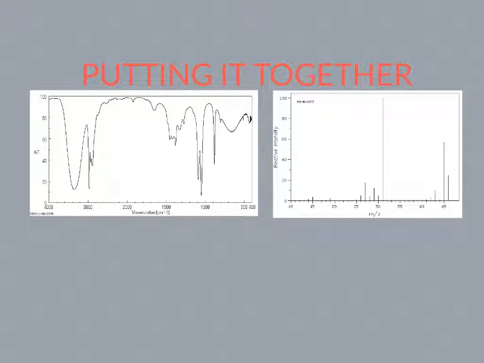We will take our M+, which is 46, and subtract the mass of an oxygen that we know we have, from the periodic table, which is roughly 16. So 46 minus 16 gives us 30. From there we can gather that we have at least one oxygen present in our molecule.